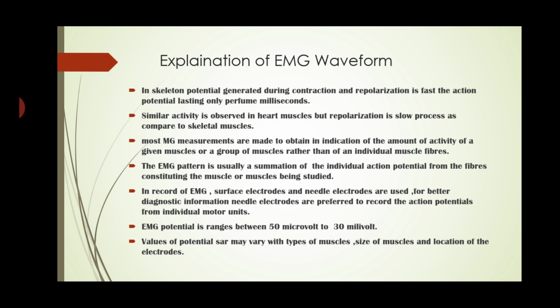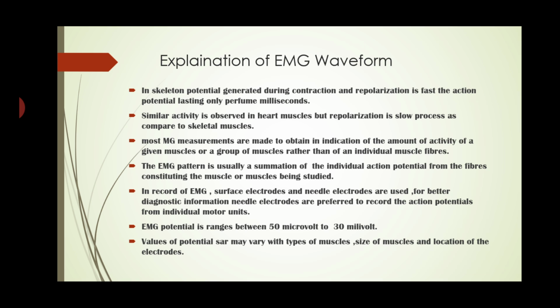The EMG pattern is usually the summation of the individual action potentials from the fibers constituting the muscle or muscles being studied. In recorded EMG, surface electrodes and needle electrodes are used.